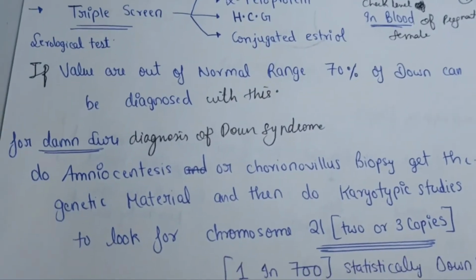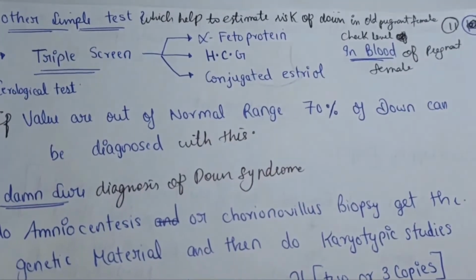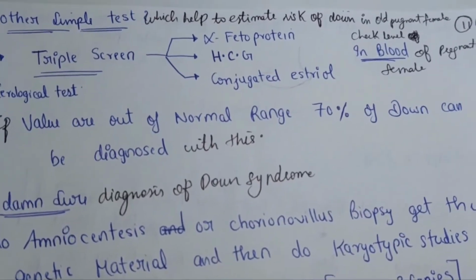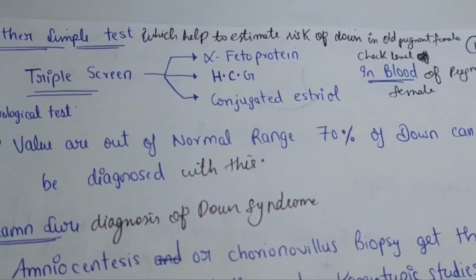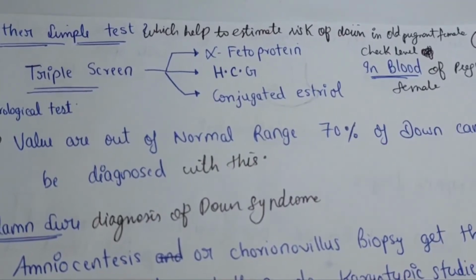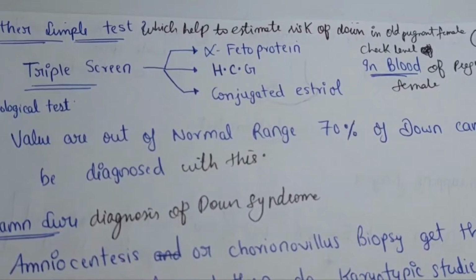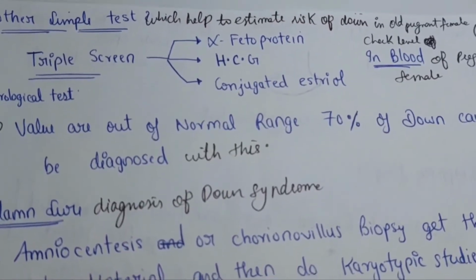Another simple test which helps to estimate the risk of Down syndrome in older pregnant females is called the triple screen test. In this, we check the levels of alpha-fetoprotein, HCG, and unconjugated estriol in the blood of the pregnant female.